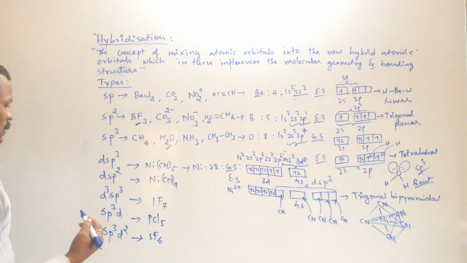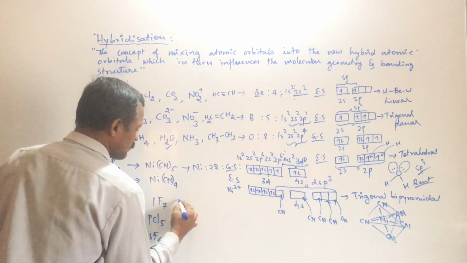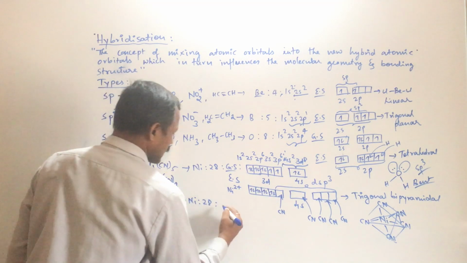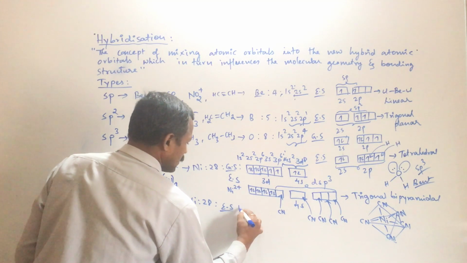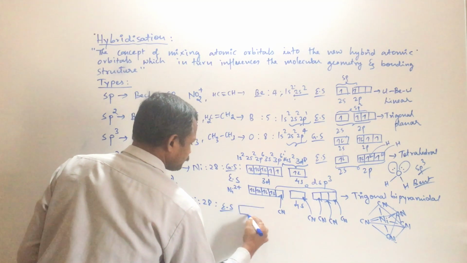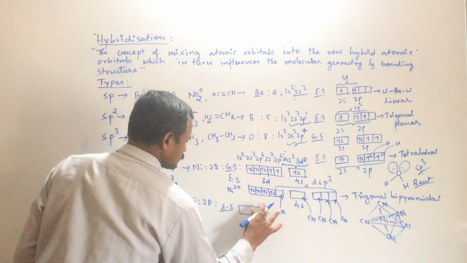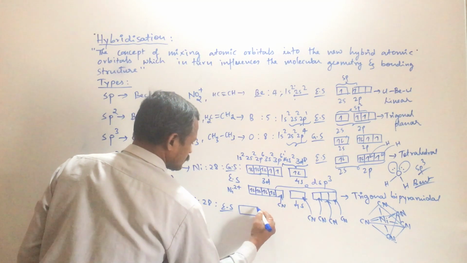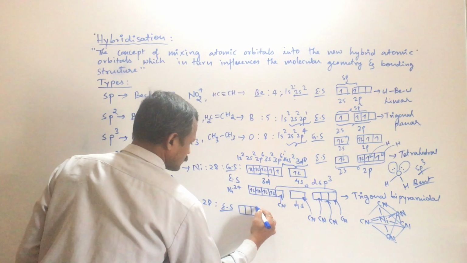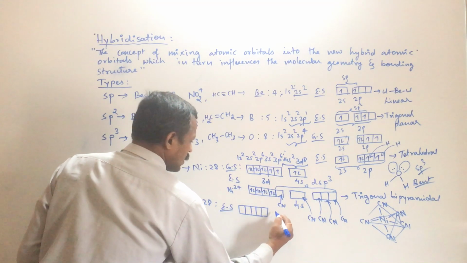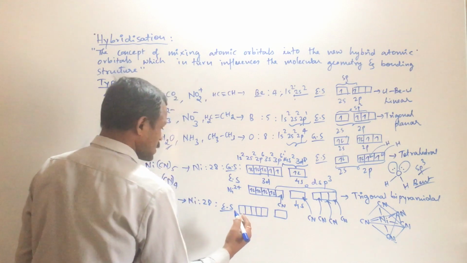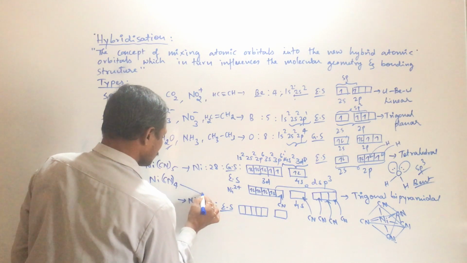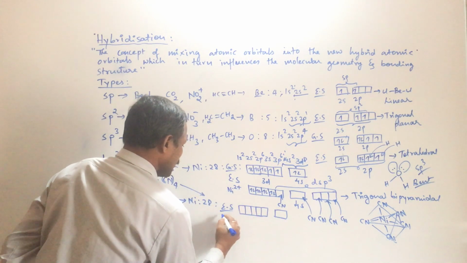Next, the dsp2, here it's also the same. So nickel 28, and in the excited state, it will show the s orbital, it is nickel Ni2+.